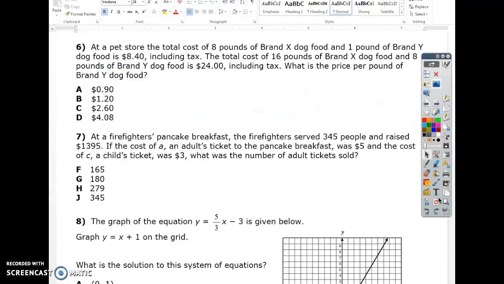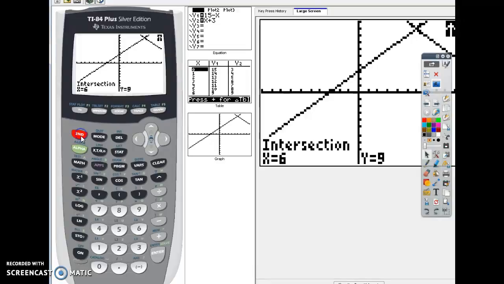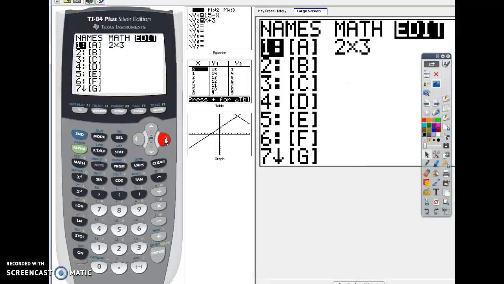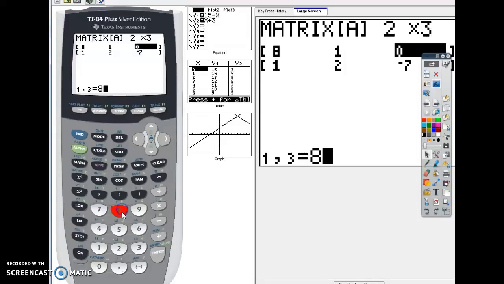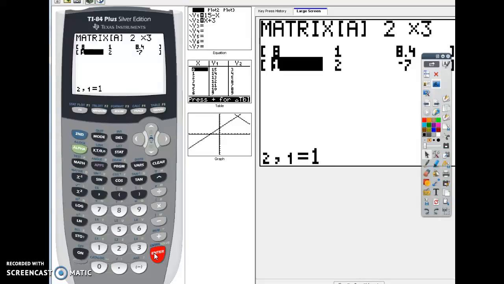Okay, so in the calculator, second matrix, edit, enter. It's always a 2 by 3. And you put the numbers in there. So we had 8 pounds of X, 1 pound of Y, equal to 8.40. And 16 pounds of the X brand, 8 pounds of the Y brand equals 24.